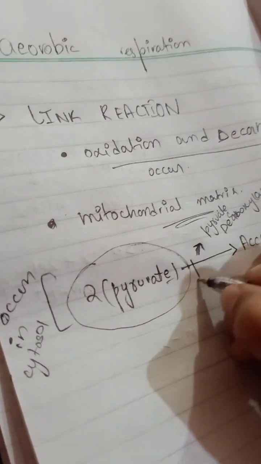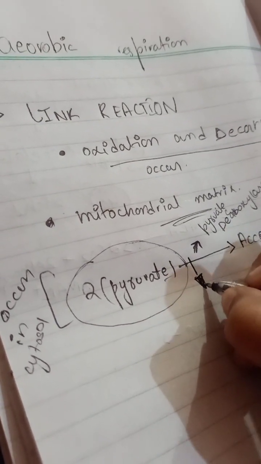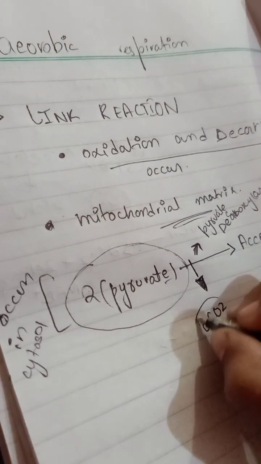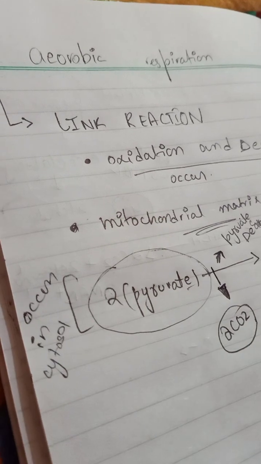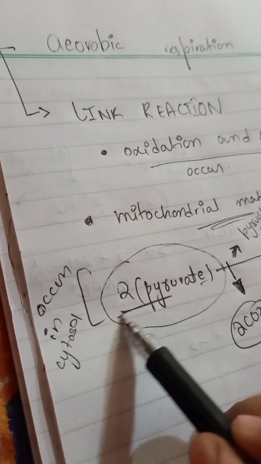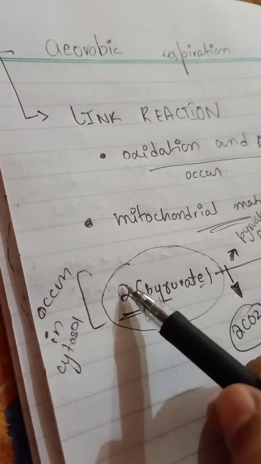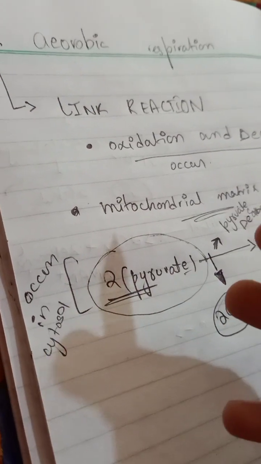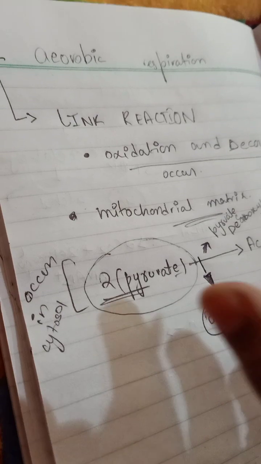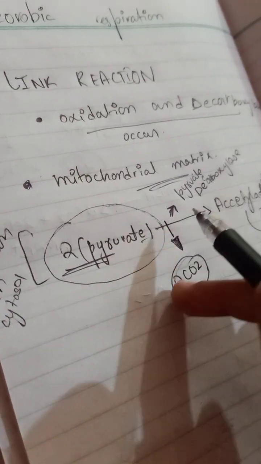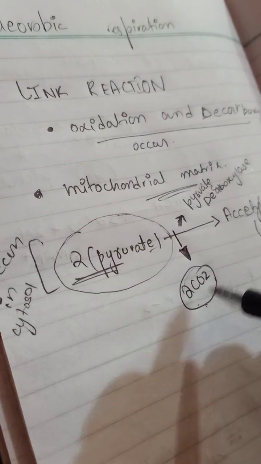With that, a product is formed. If there were one pyruvate, one carbon dioxide molecule would form, but here we have two pyruvates, so two carbon dioxide molecules are formed.